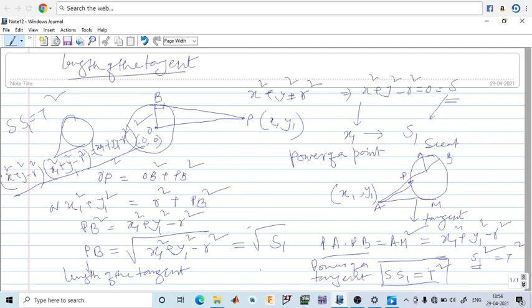If it is lying on the circle, then PA equals to 0, because P and A are coinciding, they are the same point, so we say that power of a point lying on the circle is 0, right? Now let's go to the normal.